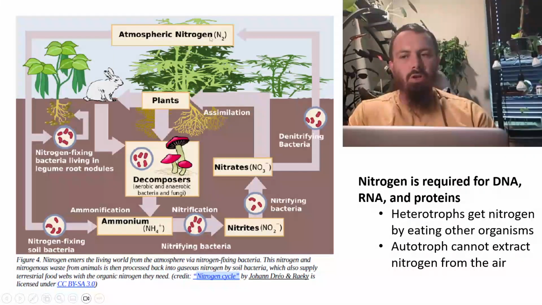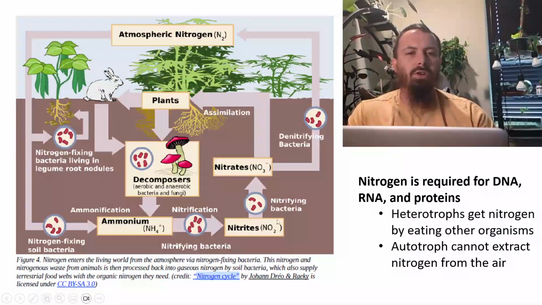And so for it to be usable by plants, it has to go through a variety of ammonification and nitrification processes. So N2 will enter the soil over here, and interact with nitrogen-fixing soil bacteria. They will take N2 and convert it to ammonium, NH4. This nitrifying bacteria will then turn it to nitrite, NO2 minus.